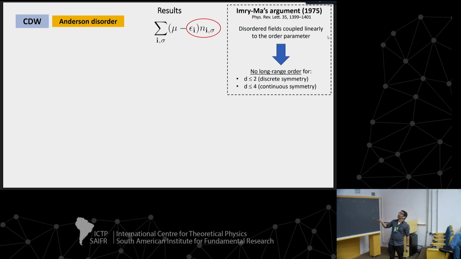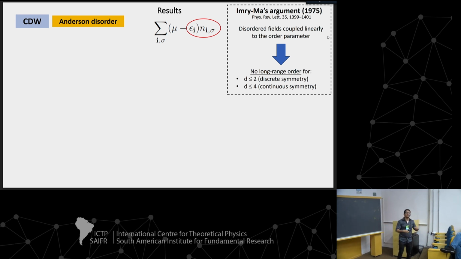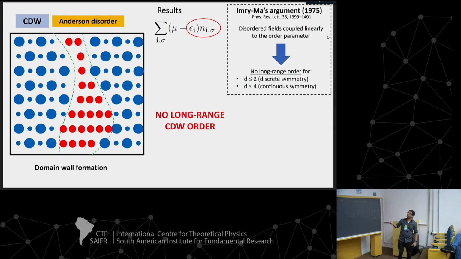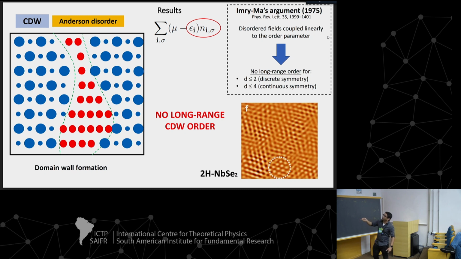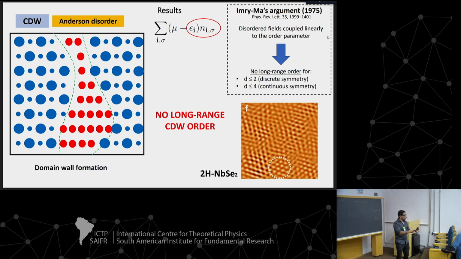So by the Imry-Ma argument, we cannot have long-range order. So I will not talk about long-range CDW order here because we don't have long-range order. But we still have, because of these domain walls, short-range puddles, with short-range strong correlations.